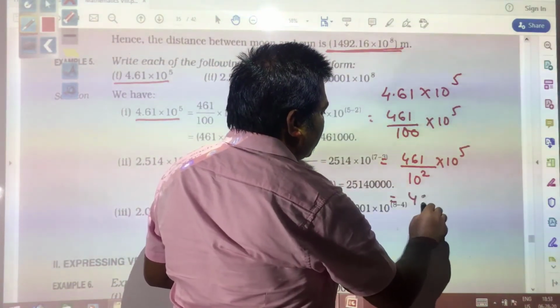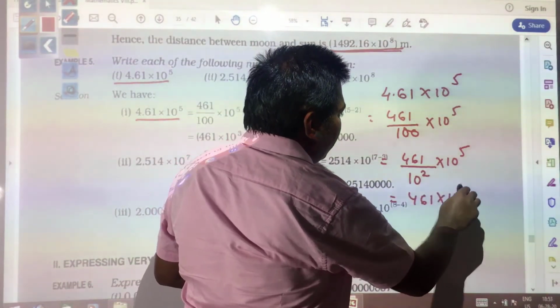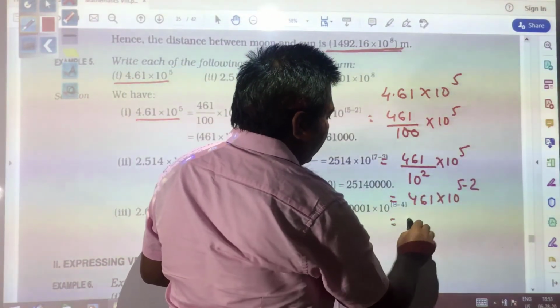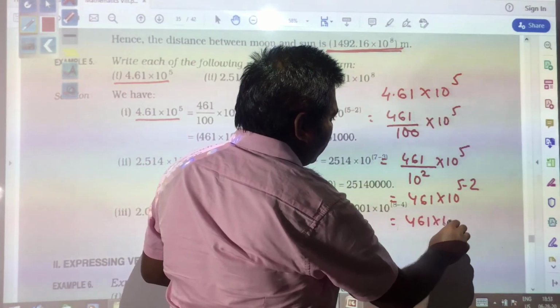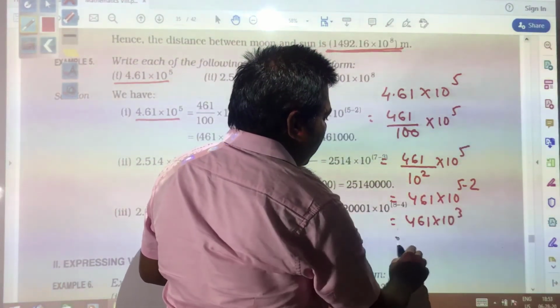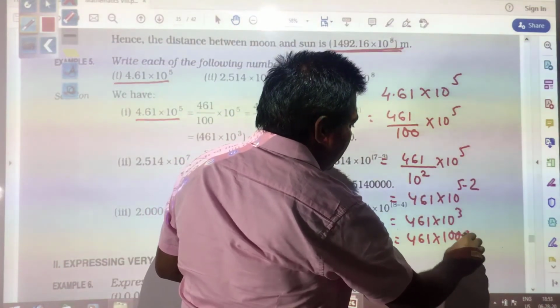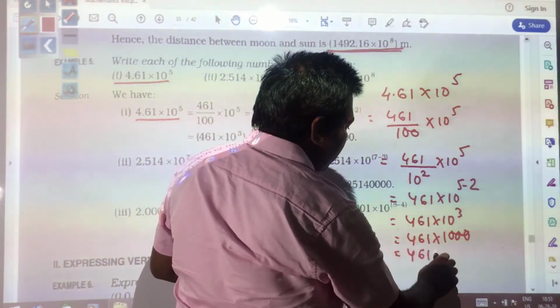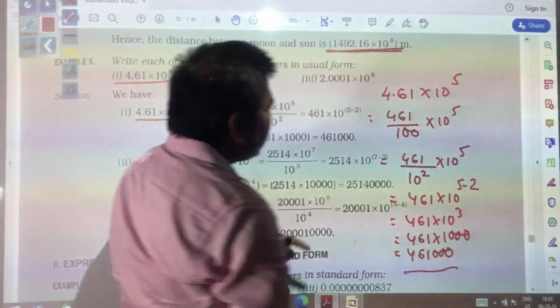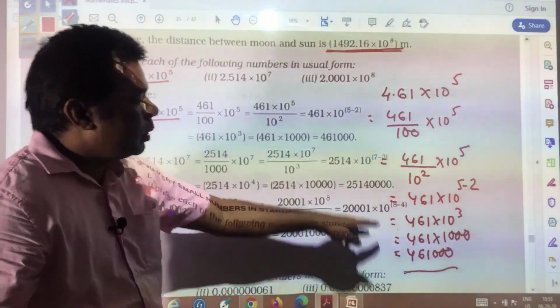So, this will be 461 into 10 to the power 5 minus 2, that is 461 into 10 to the power 3, and this will be 461 into 1000, and lastly you will get 461 and 3 zeros. This will be your answer, 461000.